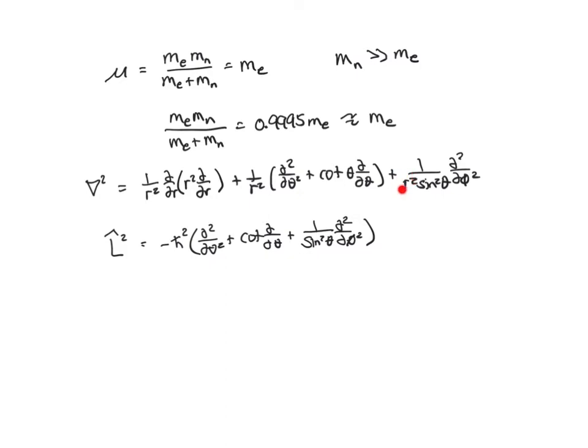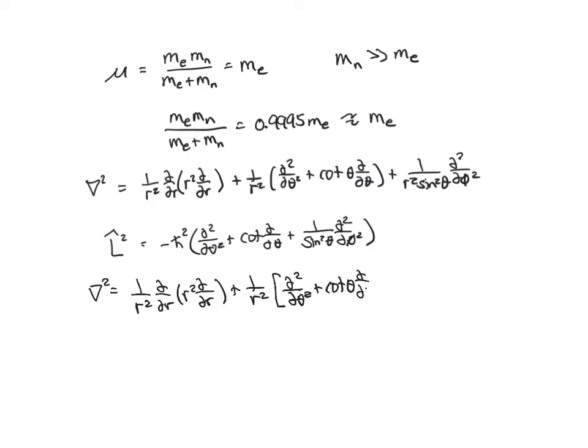So if I factor an r squared out of these two terms and write del squared as equal to 1 over r squared, derivative with respect to r of r squared, derivative with respect to r, plus 1 over r squared times second derivative with respect to theta plus cotangent theta first derivative with respect to theta plus 1 over sine squared theta second derivative with respect to phi, then I can see that this can be expressed as minus L hat squared over h bar squared.